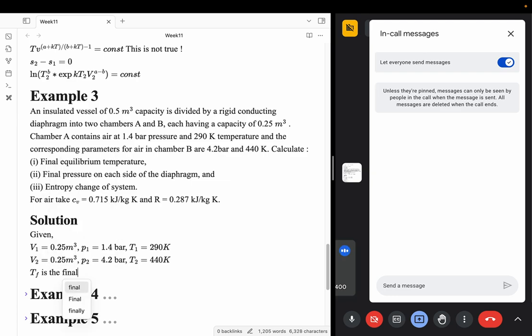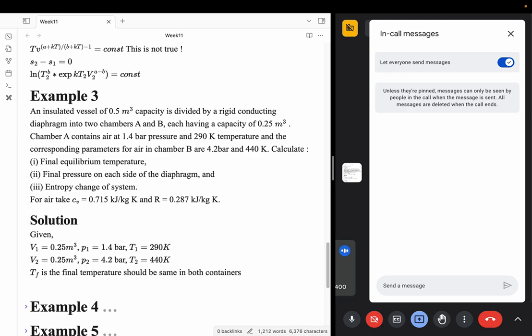So how do you say it is the mean of the temperatures? Is it equimolar? Both have the same volume, but the pressures and temperatures are different. So the number of moles will be different in chamber A and chamber B, right?